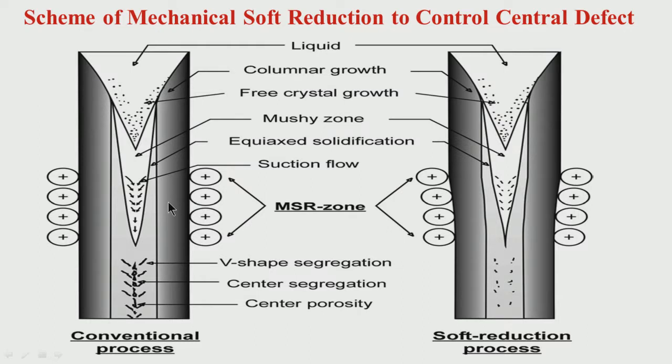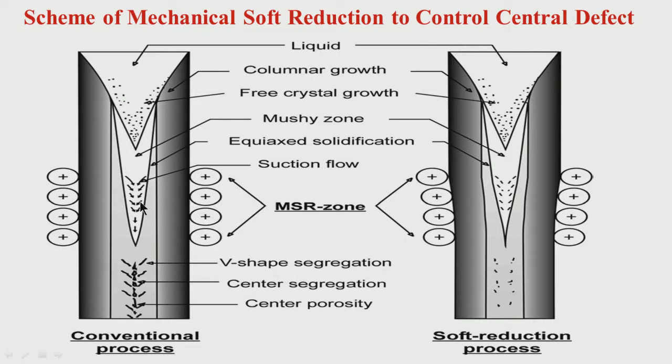The strand has started from the mold, it has come out of the mold, and the solidification front is slowly increasing and finally reaching the center point. The area where the final solidification is taking place is very important, because in that zone you are likely to have segregation and crack.